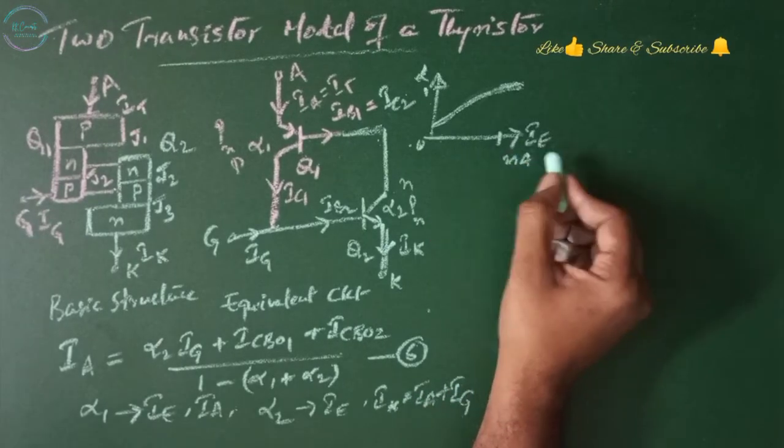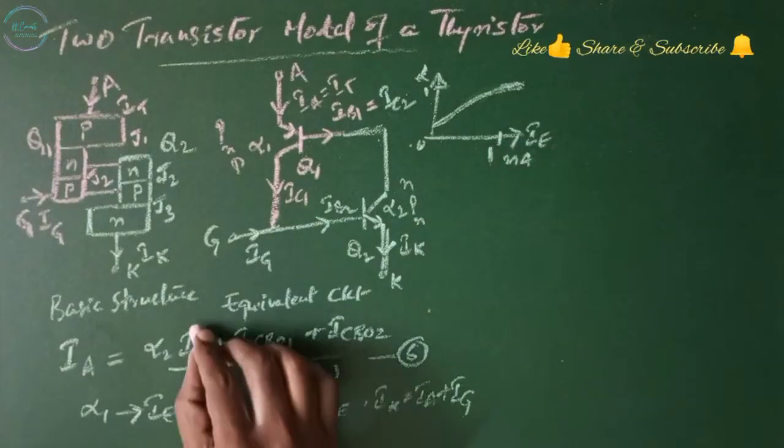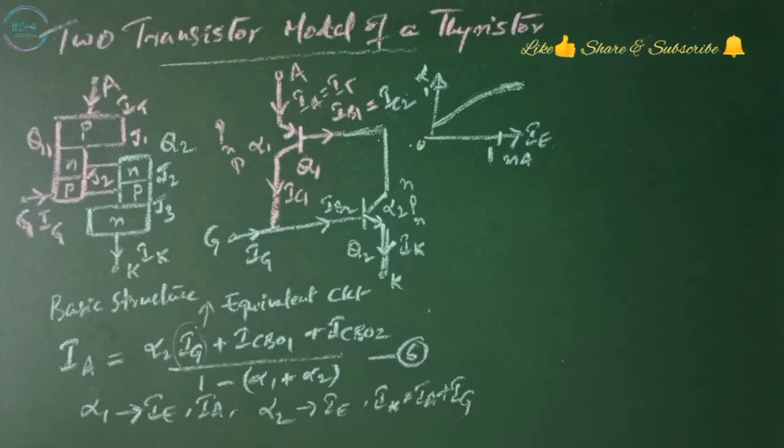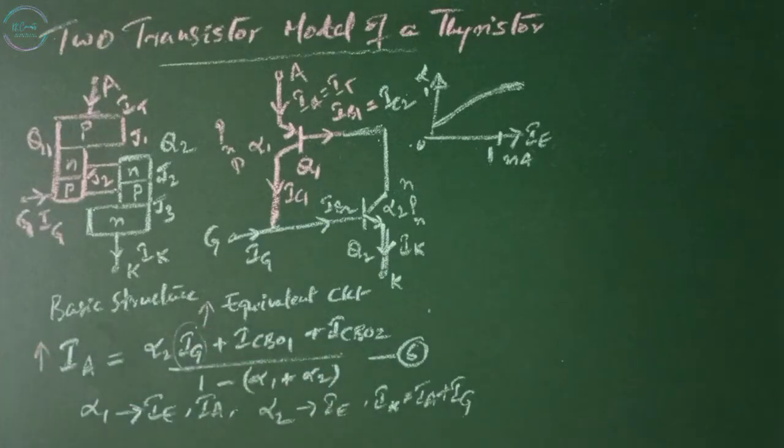This is a typical variation of current gain alpha with the emitter current IE. If the gate current IG is suddenly increased, say from 0 to 1 milliamps, this increase in IG is going to increase the anode current IA, which would further increase the value of alpha 2. When IA increases, alpha 1 and alpha 2 increase, and alpha 2 depends on IG and IA. This increase in alpha 1 and alpha 2 would further increase IA.